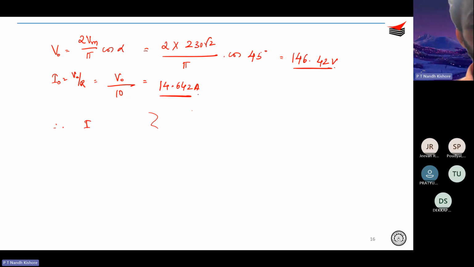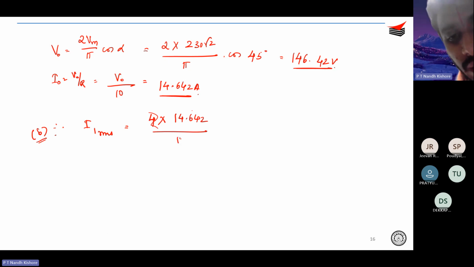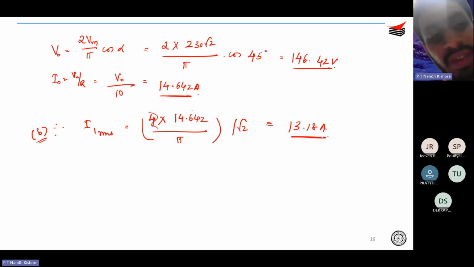Therefore, the fundamental component of the current, which was question B, is 4 into 14.642 divided by n pi over root 2, which is around 13.18 amperes.